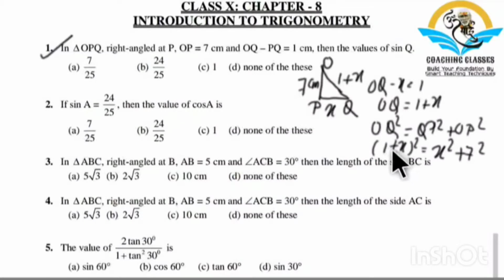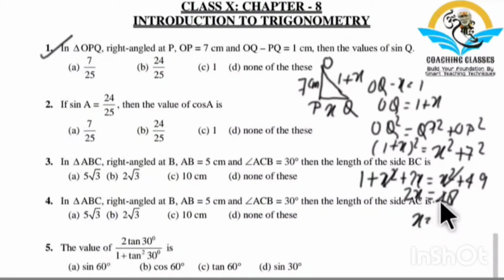Now make a square. (1 plus X) whole square, that is 1 plus X square plus 2X equal to X square plus 49. From here X square get cancelled. 2X equal to 48, that is X equal to 48 by 2, that is 24.